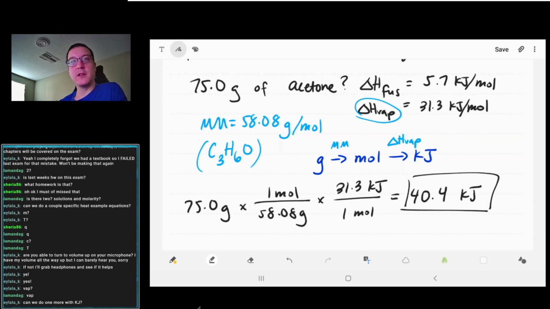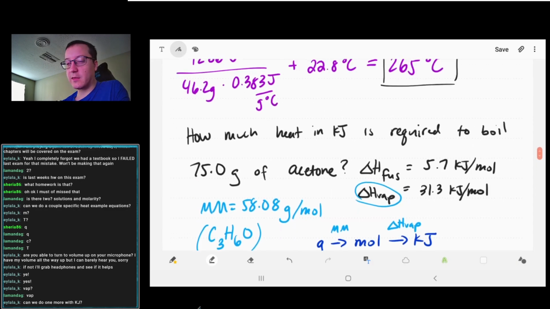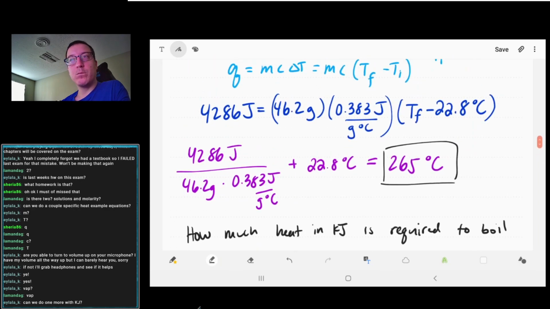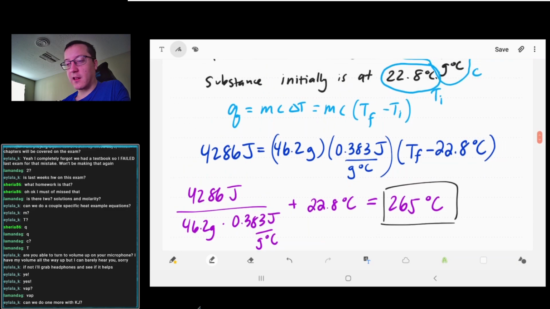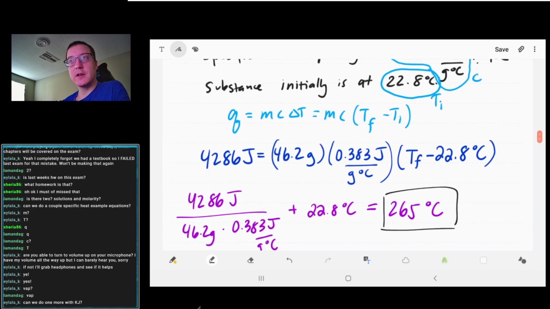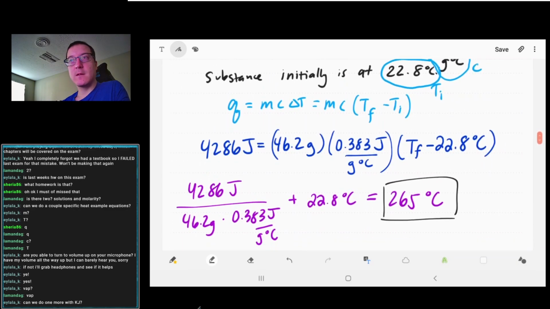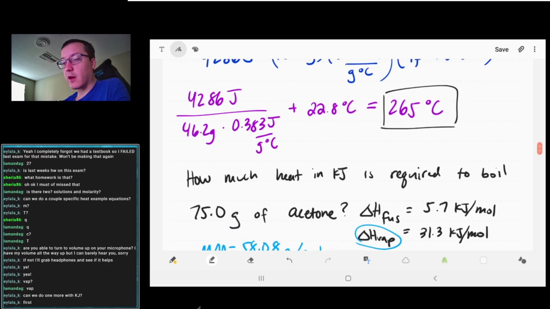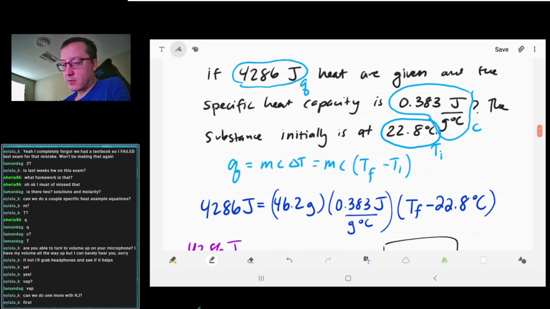One more with kilojoules. Do you want one more like this second one or like this first one? Because technically either one could be kilojoules. I'm assuming you probably want one more like this, the first one. Oh, okay. Sure. Okay.